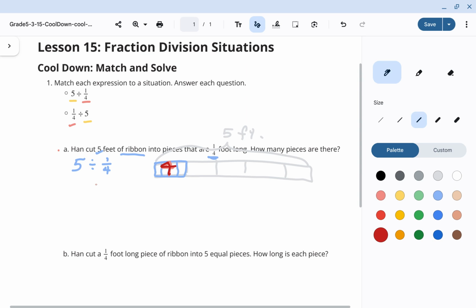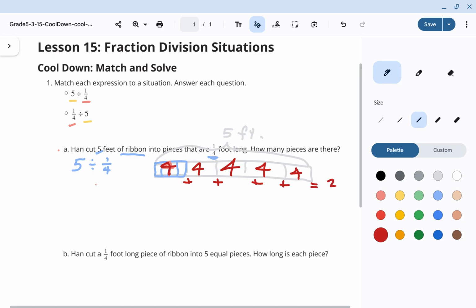This is going to be cut into 4 pieces. Well, how many pieces is the second foot going to be cut into? It's also going to be cut into 4. And the third, and the fourth, and the fifth, all of those are going to be cut into 4 pieces so that they are 1/4 of a foot long. Now, if we do that for all of the 5 feet, how many little strips of ribbon have we created?